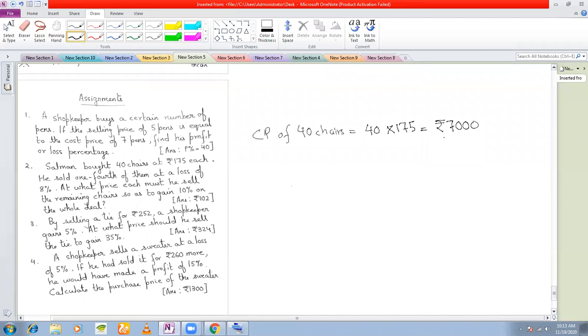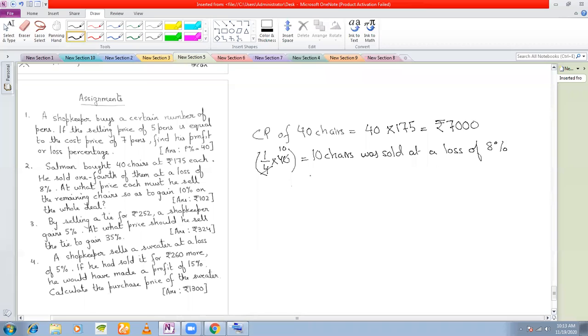He sold 1/4 of them at a loss of 8%. So 1/4 of 40, which is equal to 10 chairs, was sold at a loss of 8%.